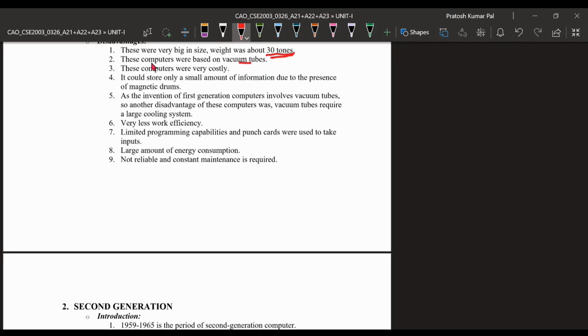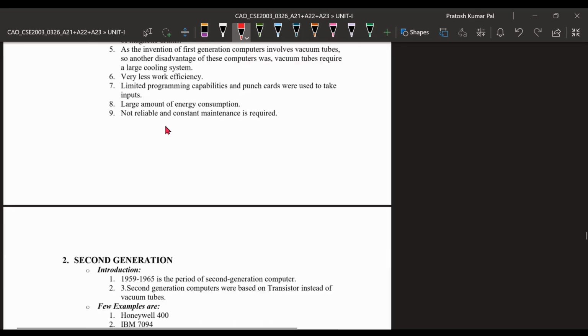Vacuum tubes were of very large size, very costly and inefficient. Like our mobile phones we are able to carry from one place to another, but if it is 30 ton we can't take it from one place to another.